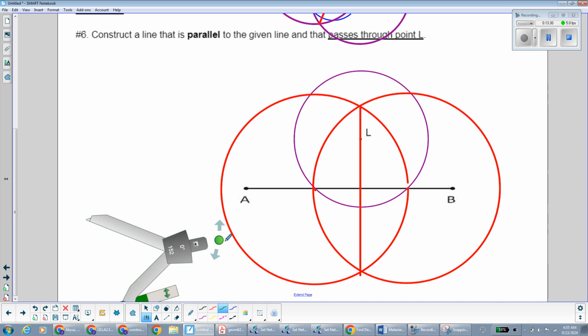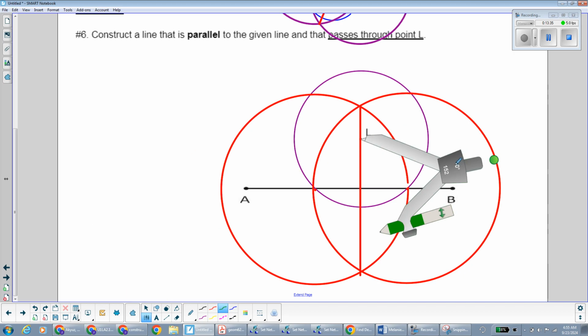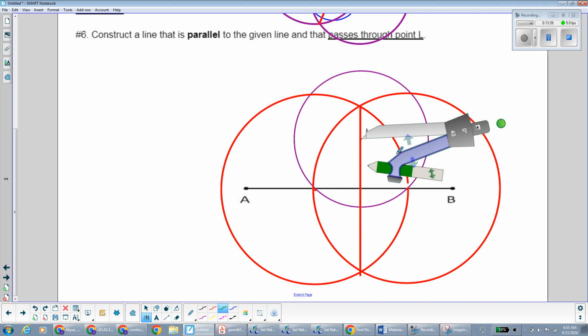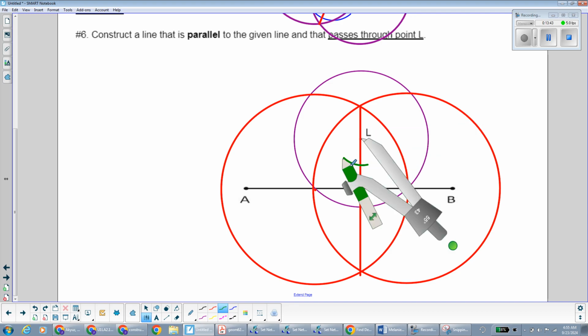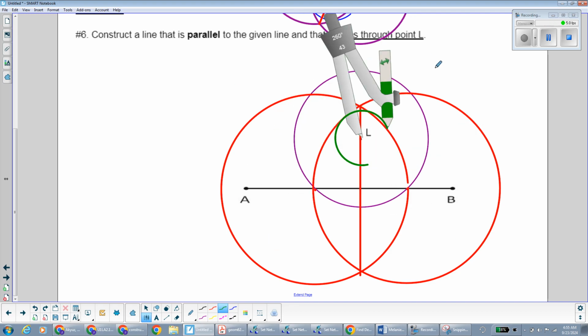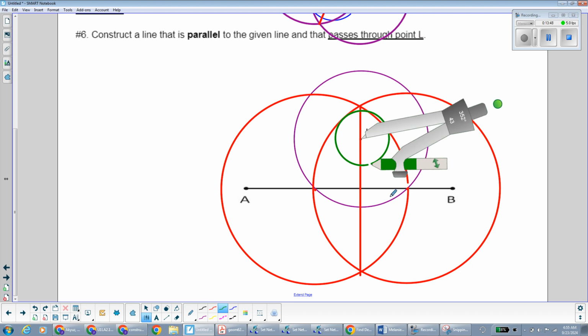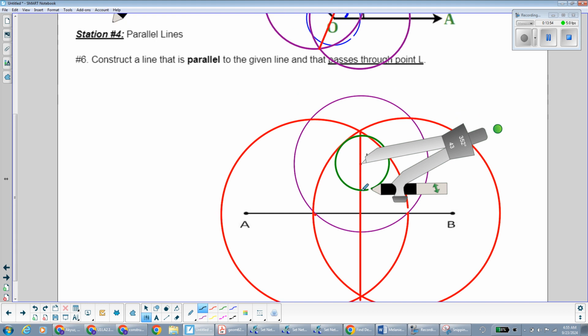And what I'm going to do is put my compass point back on point L. And I'm going to repeat. But now I'm going to be using this line. So I'm going to make a circle that intersects the line in 2 spots. So here and here.